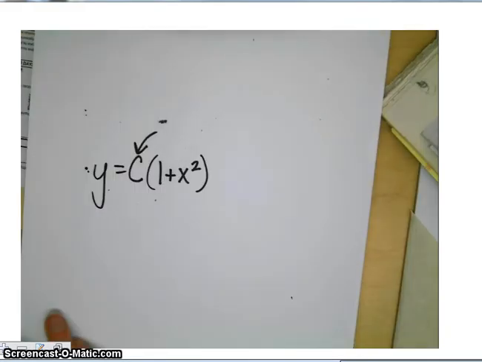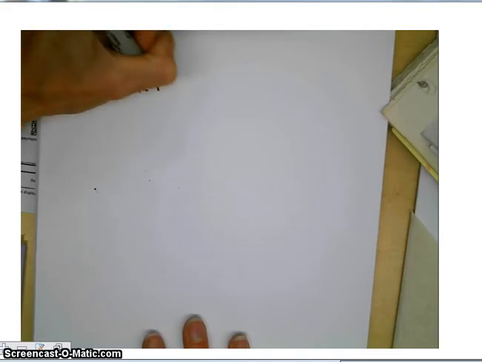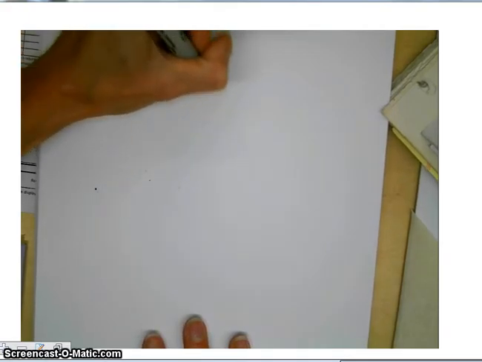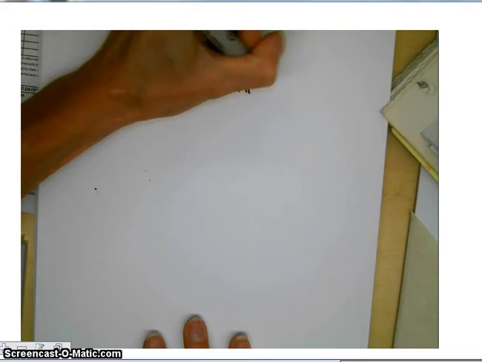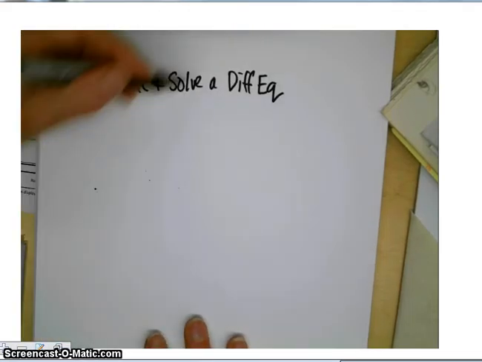All right, so now we're going to switch gears here. I'm going to give you a word problem. Everybody loves word problems, right? What we want to do is write and solve a differential equation for this. So, here it is.